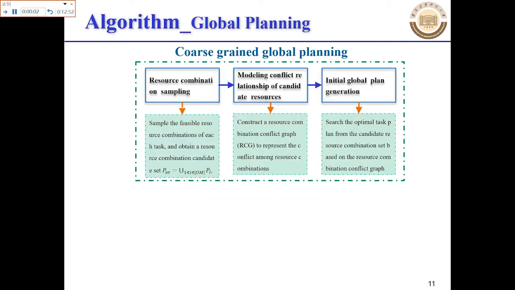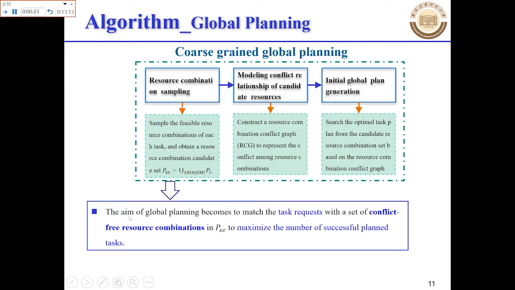The coarse-grained global planning is composed of three steps. In the first step, we sample the feasible resource combinations of each task and obtain a resource combination candidate set, denoted by PSE. Then, the aim of global planning becomes to match the task requests with a set of conflict-free resource combinations in PSE to maximize the number of successfully planned tasks.